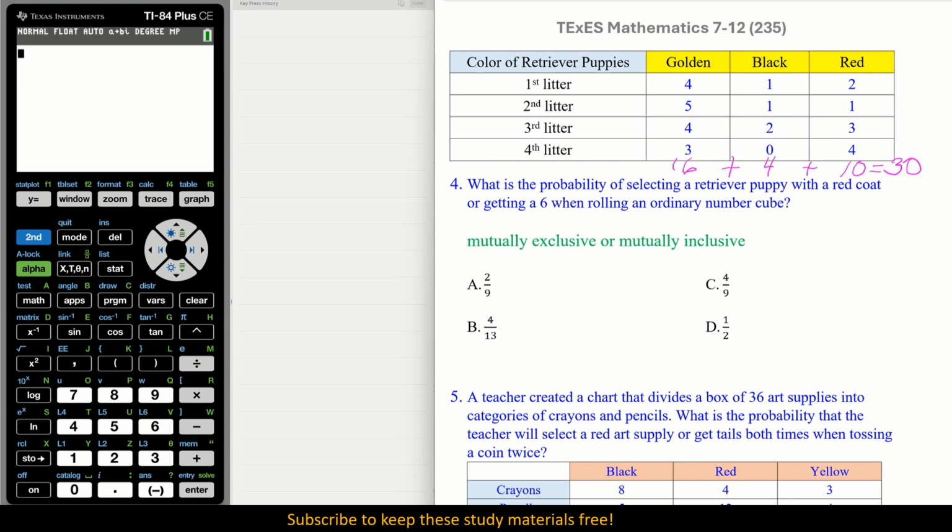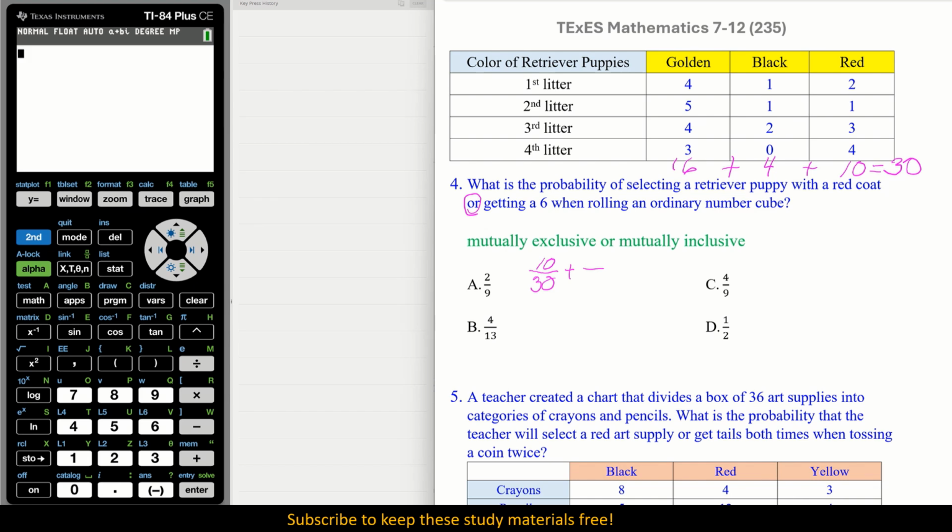And we need the probability of a little red retriever. I guess you say golden retriever. It's a red retriever. Okay, now let's see here. So that would be 10 out of the 30. That's for a puppy.